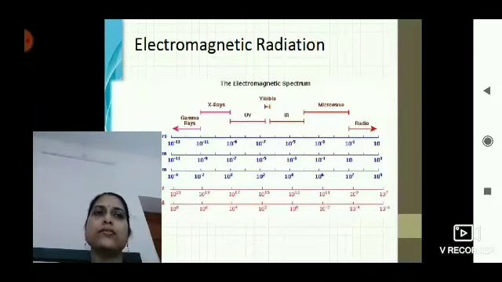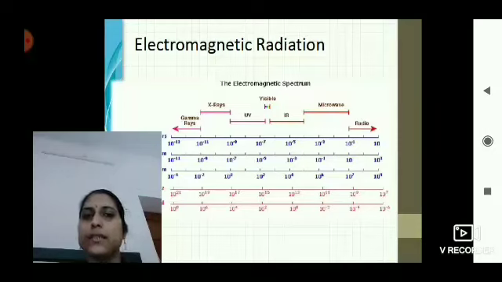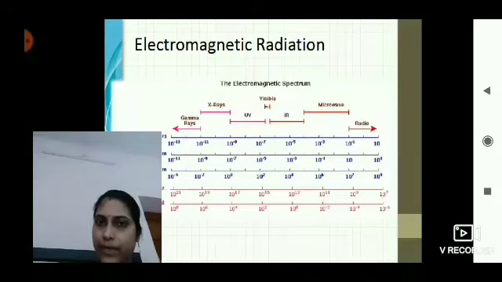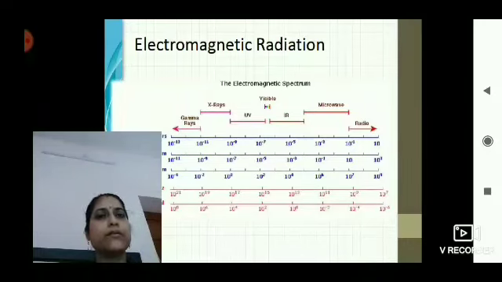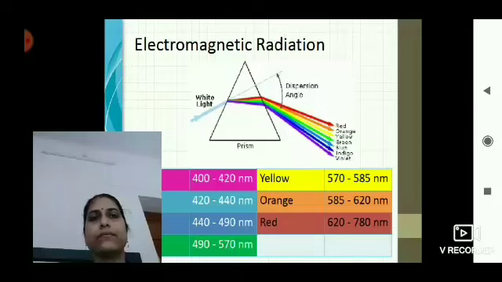Now, what is the electromagnetic spectrum or electromagnetic series? It is a series in which electromagnetic radiations are arranged in either increasing or decreasing order with respect to frequency, wavelength or energy.